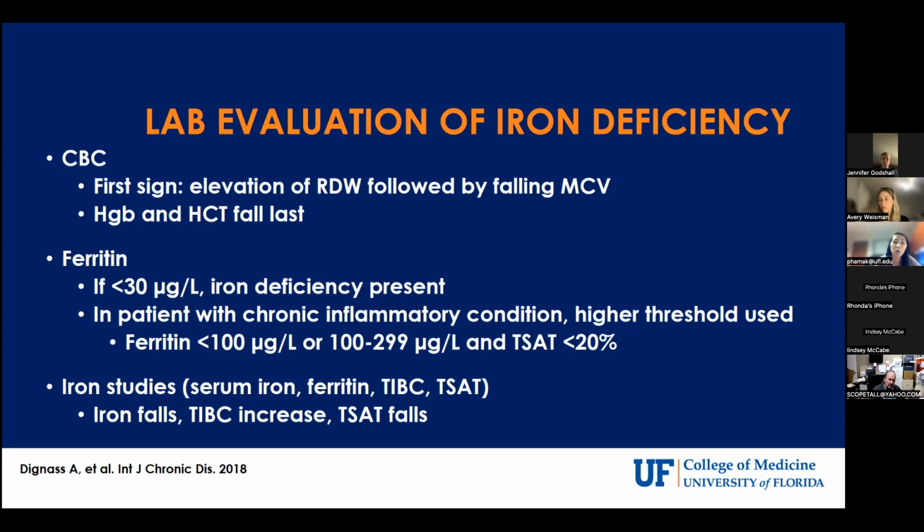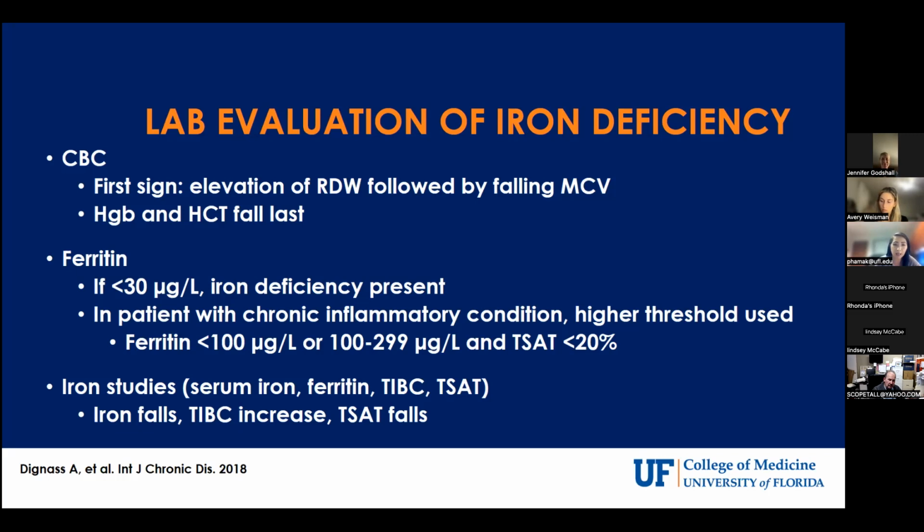In a patient who has anemia, the ferritin threshold is much higher. Even if they're anemic, their ferritin can be up to 100, and they can still qualify for iron infusion, because even a ferritin of 100 in the face of anemia means that you have low iron stores.